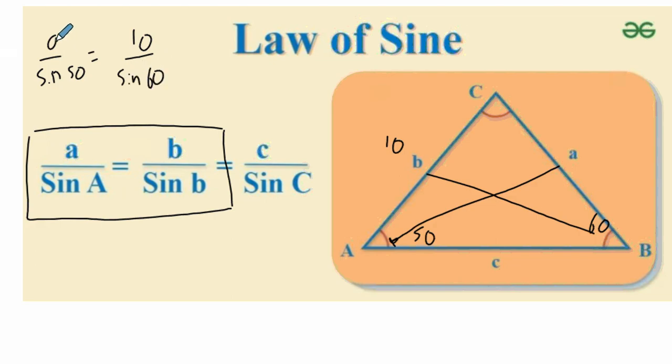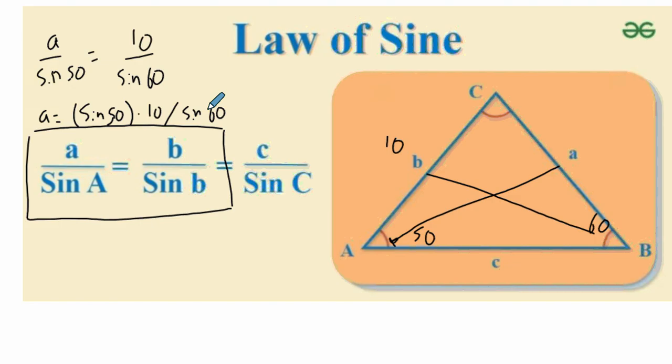If a is up high, we multiply, same type of thing. So a equals the sine of 50 times 10 over the sine of 60. I just put this in the calculator: the sine of 50 times 10 divided by the sine of 60.